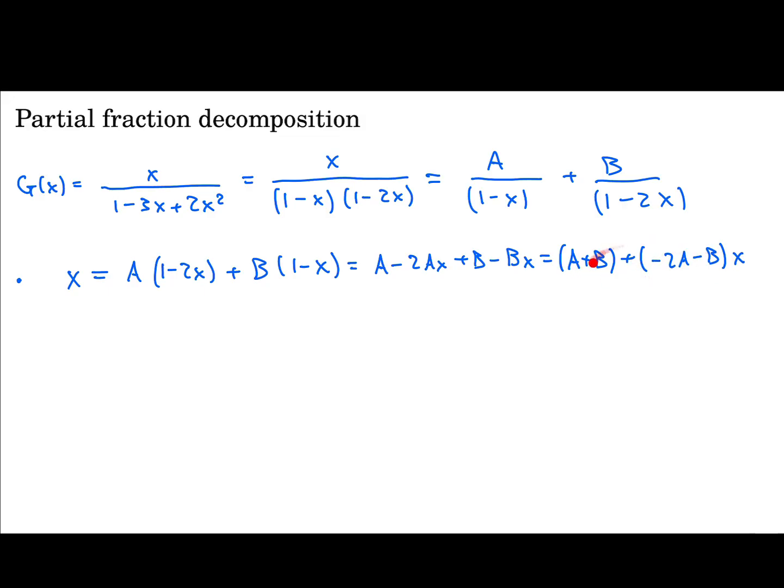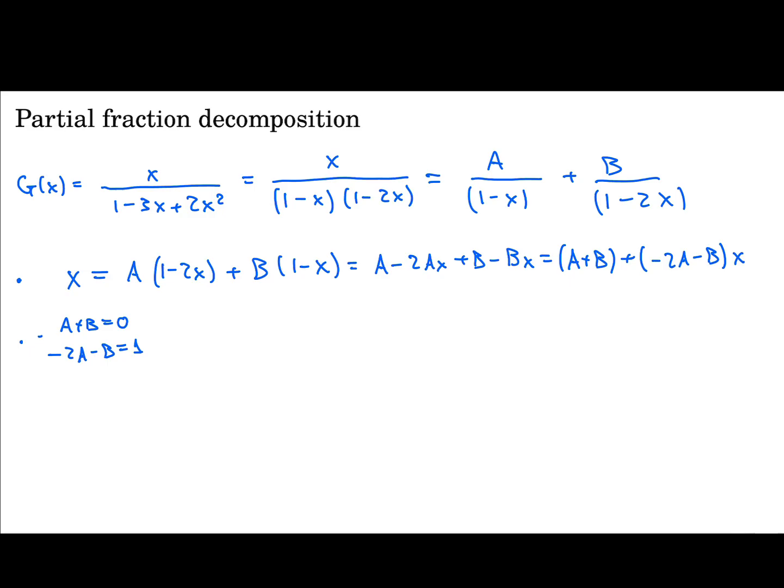This polynomial is equal to the polynomial on the left, which means the coefficients need to match. The constant coefficient on the left is 0, so a plus b has to be equal to 0. The coefficient of x on the left is 1, so minus 2a minus b equals 1.